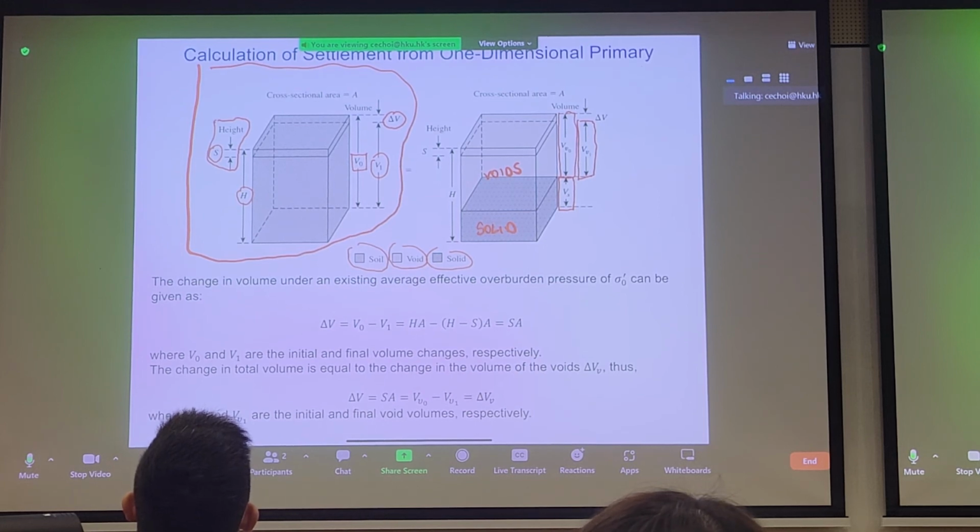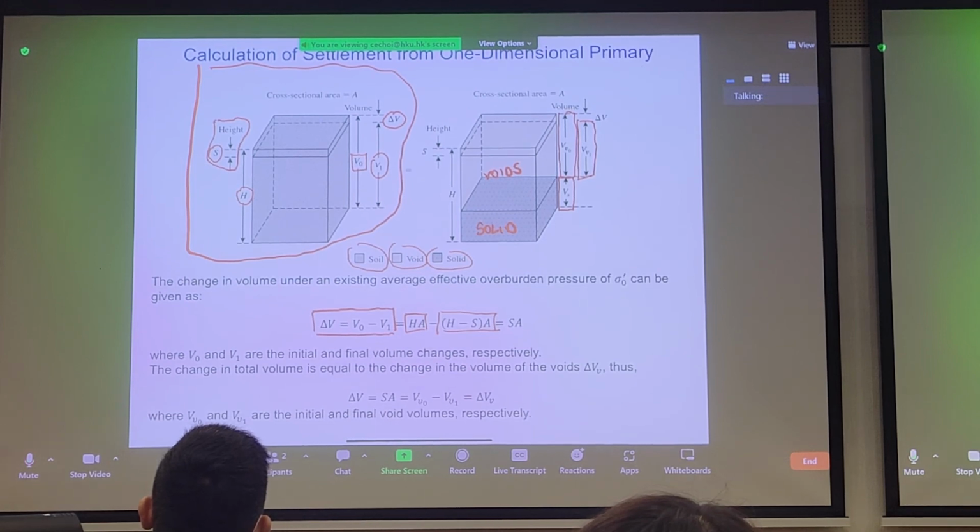So based on this schematic diagram, we can calculate the change in volume under some average overburden effective stress. The change in volume is your initial volume minus V1, that's delta V. V naught is what we talked about, H times your cross-sectional area, and V1 is H minus S times cross-sectional area A. So these are basic relationships.